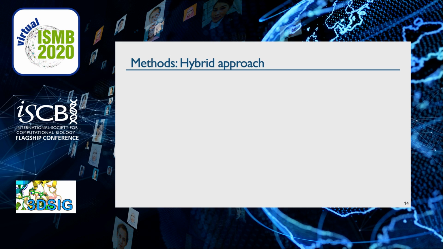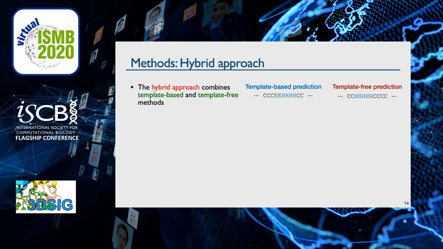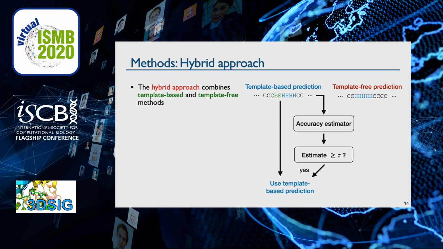This hybrid approach combines NESI, a template-based method, with a template-free method. Given NESI's template-based prediction and the prediction of a template-free method, we estimate the accuracy of NESI's template-based prediction. Using the threshold shown previously, if the estimated accuracy is above the threshold, the hybrid outputs NESI's prediction.